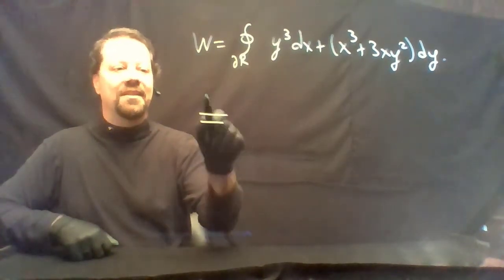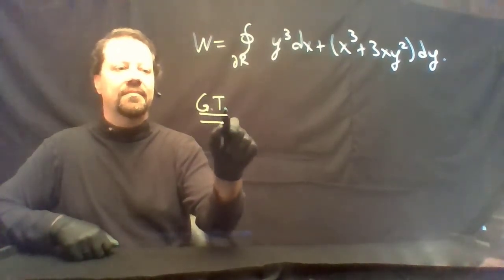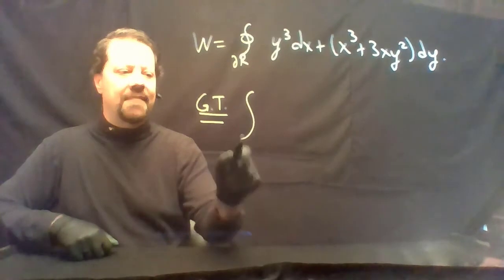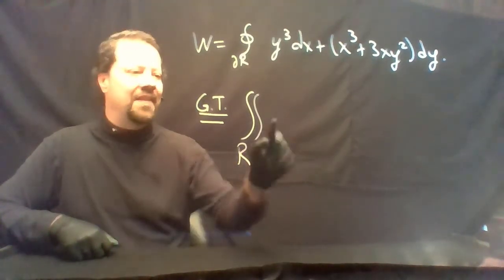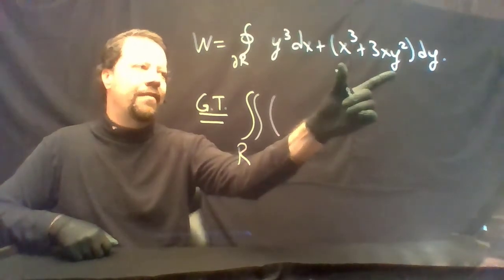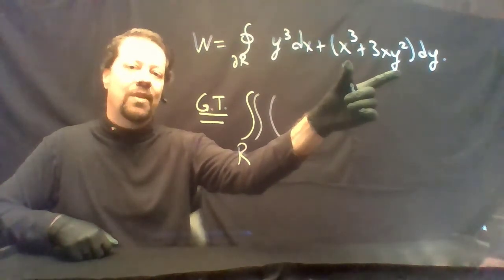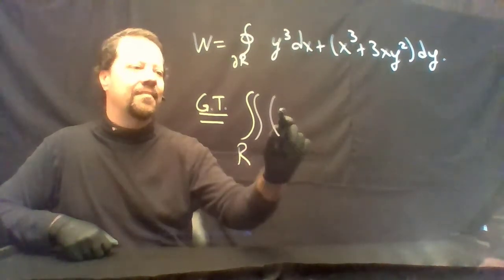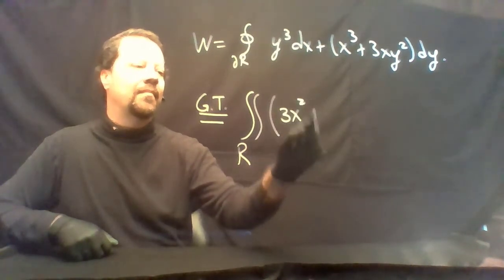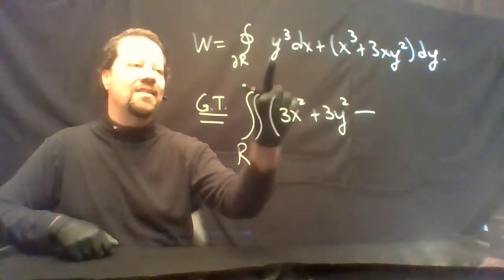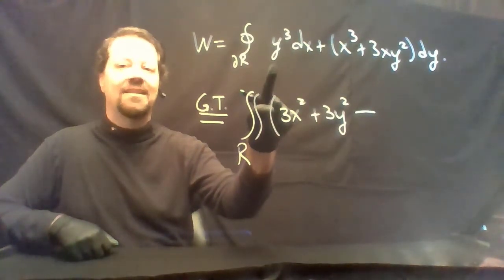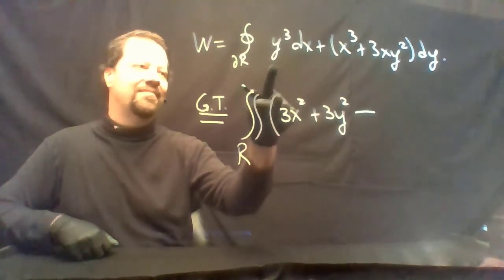According to Green's theorem, this should give you the same thing as the integral on the entire disk of radius 3 of the derivative of n with respect to x minus the derivative of m with respect to y.